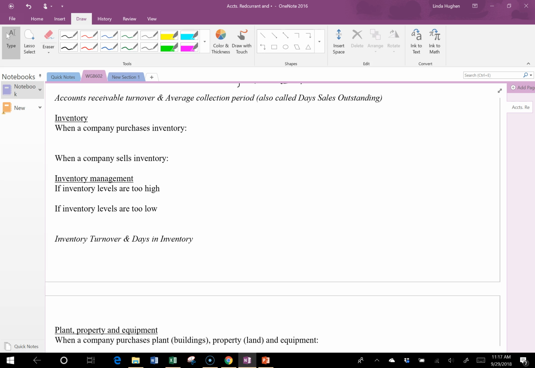When a company purchases inventory, what happens to the balance sheet and the income statement? Well, nothing happens to the income statement because the company is simply exchanging one asset, cash, for another asset, inventory, or perhaps it's buying it on account.